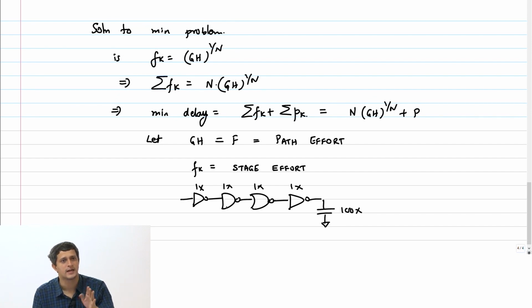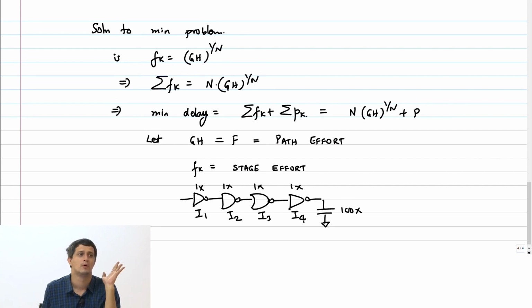If I put a 1x gate, that's the minimum load capacitance that the inverter will see, which implies that the delay of inverter I1, I2, I3 and I4, I'm going to label the gates. Delay of I1 is therefore minimum if I keep all my gates as unit gates. Similarly, come to I2.